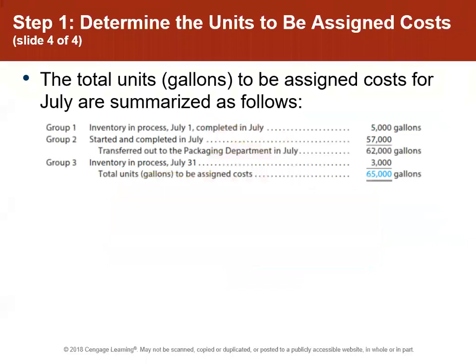So that's just showing the numbers. We just talked about that. So group 1, we started with 5,000. A lot of times they'll give you transferred out. What was transferred out is completed, that's 62,000. So we would just subtract 62,000 minus 5 to get what was started and completed. Okay. So we just have to look at how they give it to us. And then group 3, we have 3,000 in ending. So 65,000 gallons total.